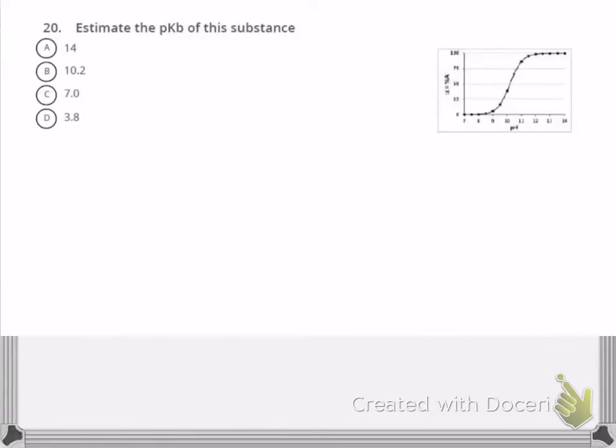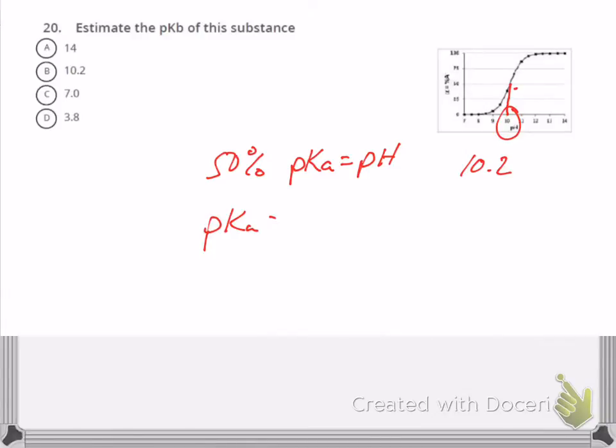All right, for the last question of the review, it's an acid-base question. So we look at the 50% mark, and at the 50% mark, pKa equals pH, right? That's H3O+ equals Ka because the concentrations of the acid and its conjugate base cancel. And so if pKa is 10.2, then pKb is 14 minus 10.2, which is 3.8.